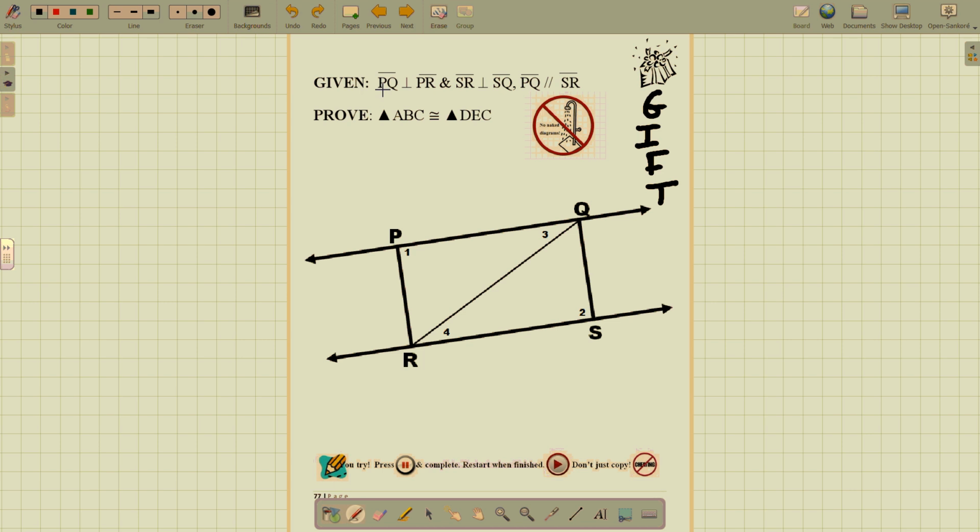Let's see, we are given the fact that PQ and PR are perpendicular. Let's physically trace that. PQ and PR are perpendicular. That means they make a right angle. We're also told that SR and SQ also make a right angle.